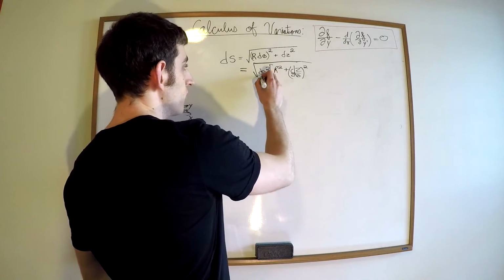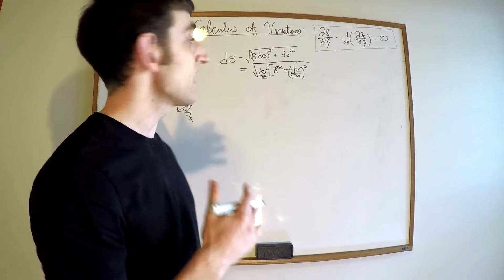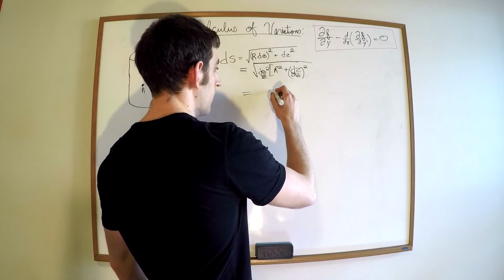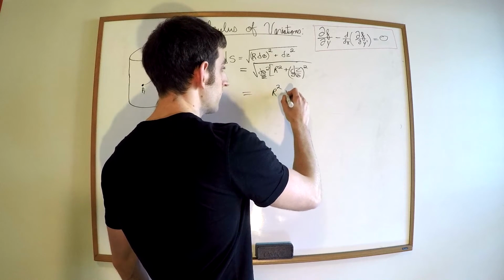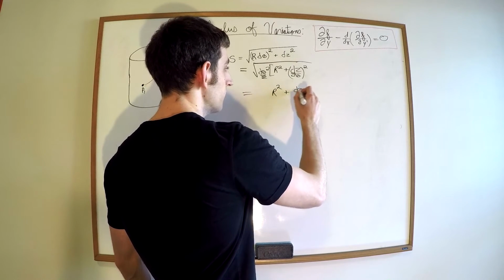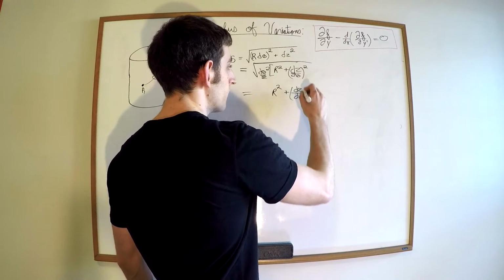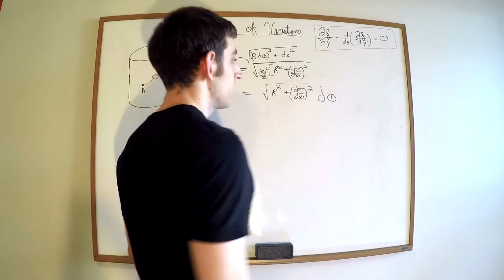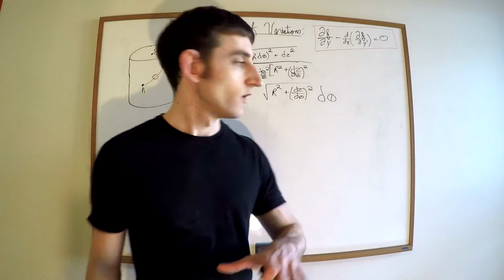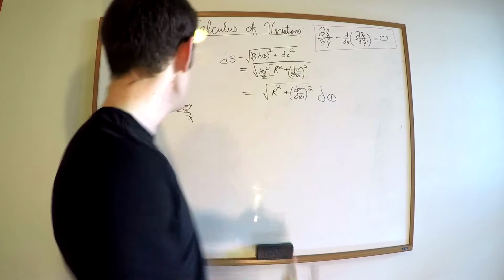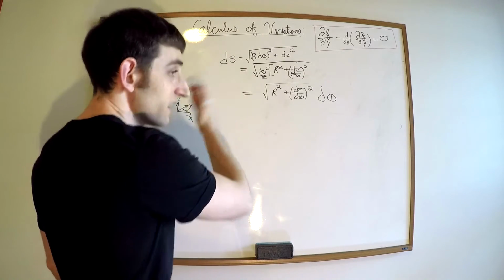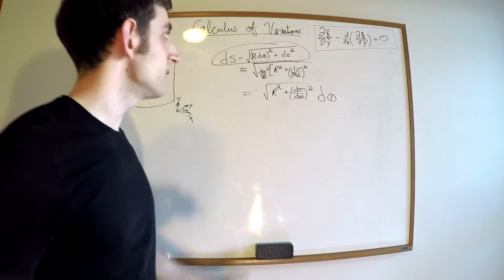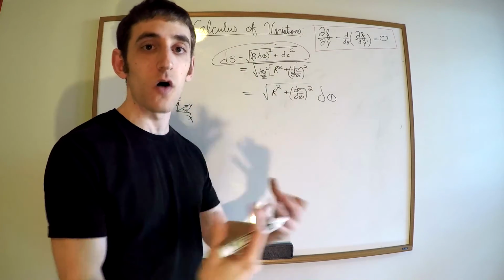So next what we want to do is pull out this d theta. So we're going to end up with r squared plus dz d theta, this guy's going to be squared. We take the square root. Our d theta is out. Now again, we're going to move along this theta direction and add up these infinitesimal lengths along theta.